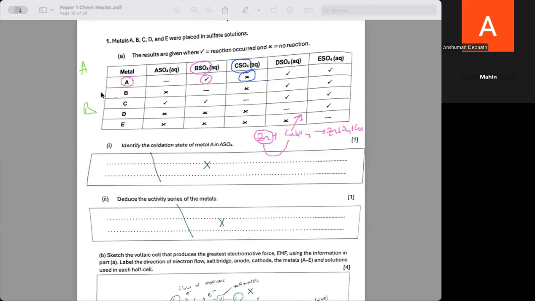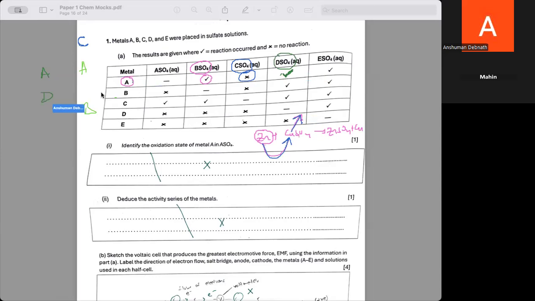C is more reactive, so you write C on the top. Now next, did A displace D from SO4? Yes. So A is more reactive, and A and B, D you write.